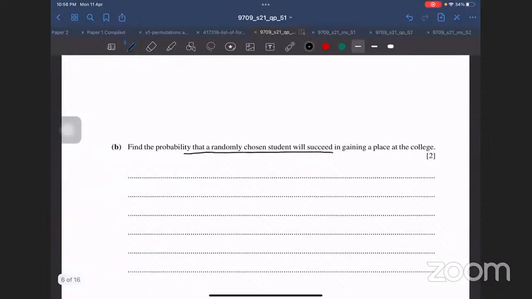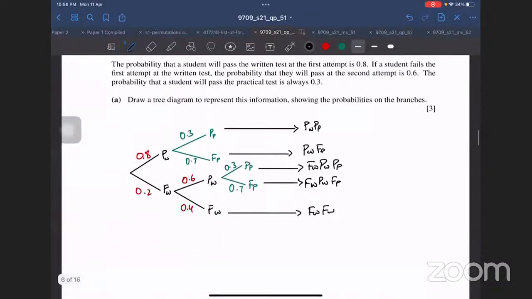It says that a randomly chosen student will succeed in gaining a place at the college. So when you pass all the tests, only then you gain a place at the college. So this one, that's it.